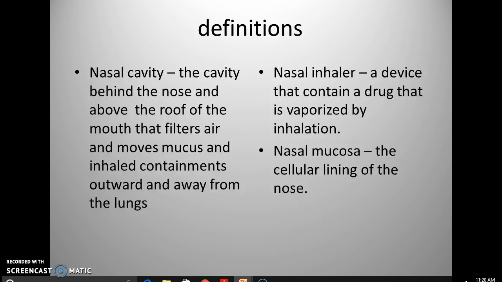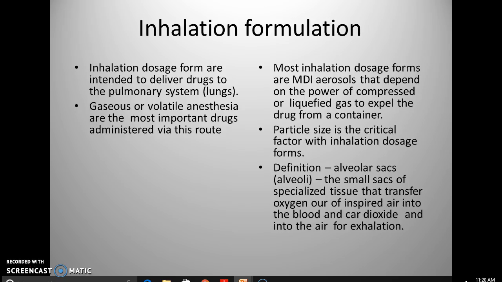Nasal mucosa allows for the movement of contaminants away from the respiratory system, but it can have enzymes that may render a particular medication less effective. And this nasal mucosa is the cellular lining of the cavity.